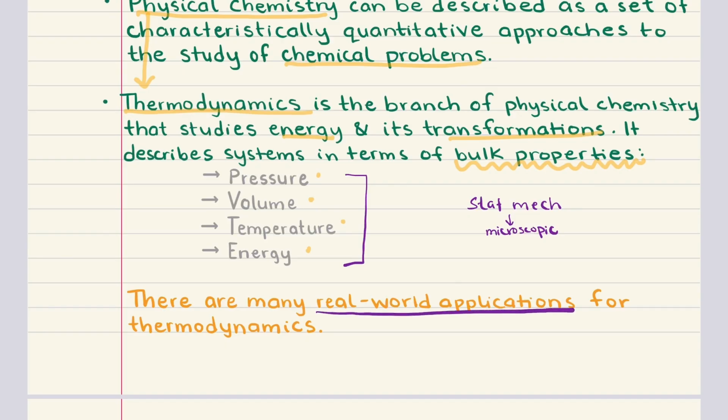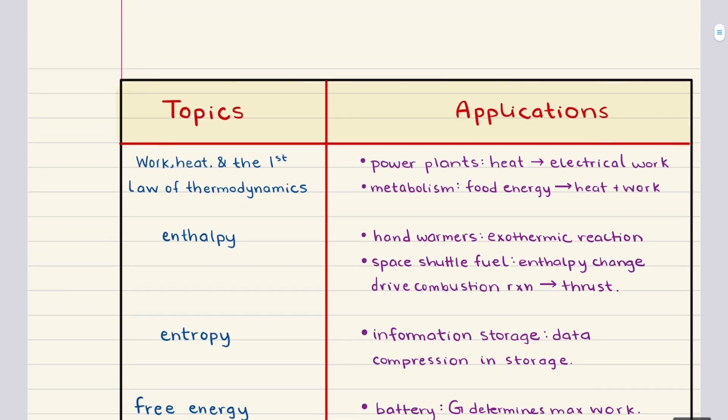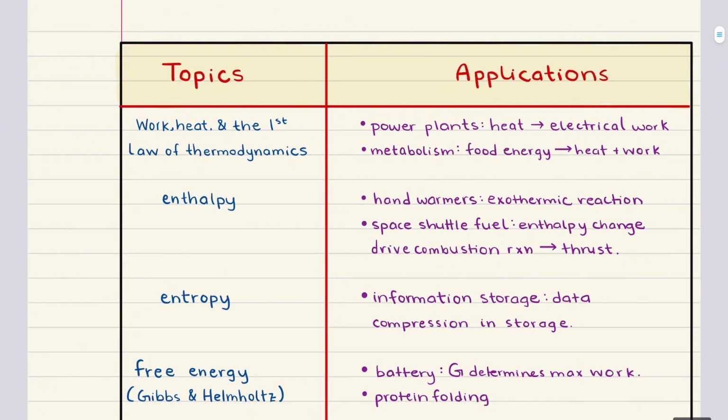To illustrate this, let's look at some examples of how the topics we're going to cover in this course connect to real-world applications. We'll start with work, heat, and the first law of thermodynamics. These form the foundation of energy conservation. Energy is neither created nor destroyed. It is simply transformed.